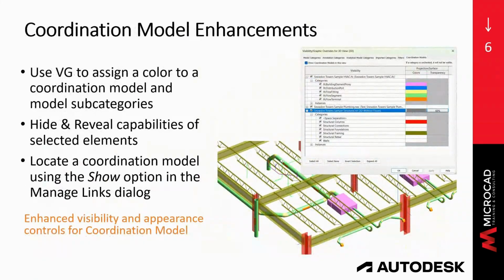The next thing that happens, and I thought that this was fairly important, is that coordination models in Revit now allow you to assign colors to each model. So the visibility and color settings for specific element categories can be assigned for those linked models separately in your host model.